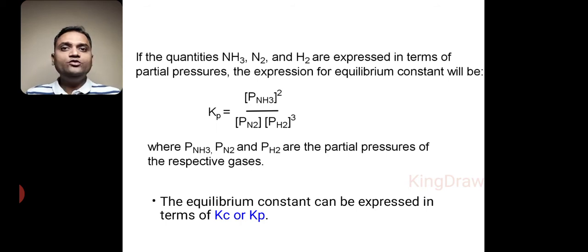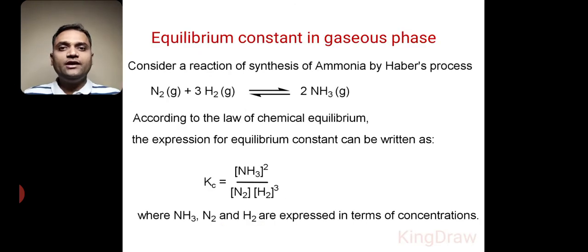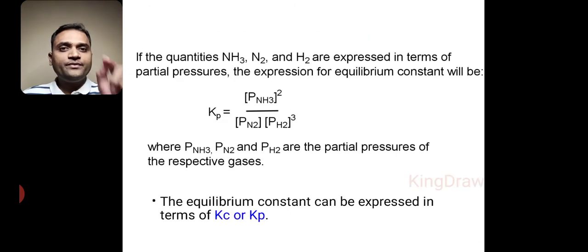So what have we changed from the previous equation? In the previous equation we wrote equilibrium constant Kc in terms of concentration, but in this second expression we have written Kp. Now why Kp?